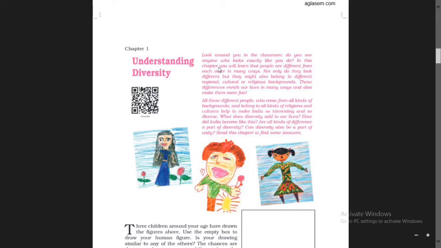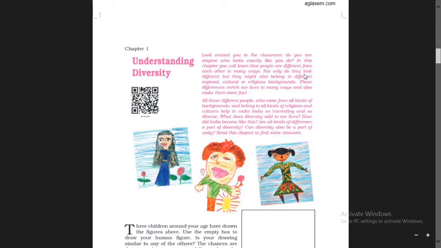In this chapter, you will learn that people are different from each other in many ways. In your class, you will never find two persons or two boys who are the same.